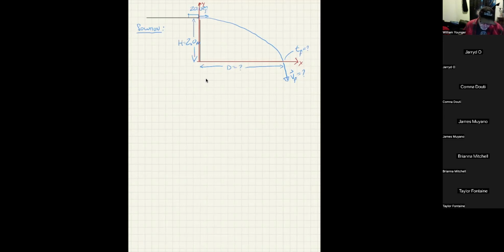Okay. So there's an equation that gives us the time that something would be in the air if I knew the acceleration, the initial velocity, the initial height, and the final height. Can anybody think of one of those kinematic equations that would come in handy there? Would it be v squared equals v naught squared plus 2 times the acceleration?